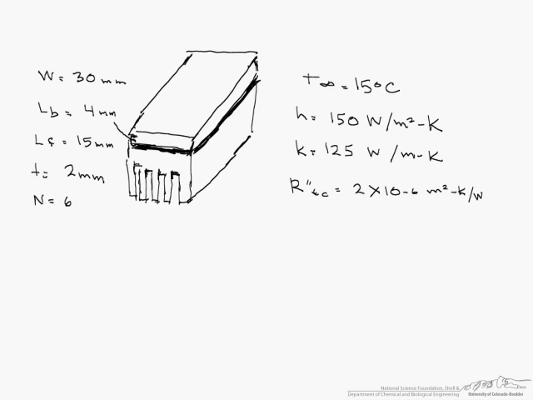Our surrounding temperature is 15 degrees C. The heat transfer coefficient is 150 watts per meter squared K. The conductive heat transfer coefficient, K, is 125 watts per meter K. And we have a contact resistance of 2 times 10 to the minus 6 meters squared K divided by W. This contact resistance is caused by the chip being soldered to the heat sink.